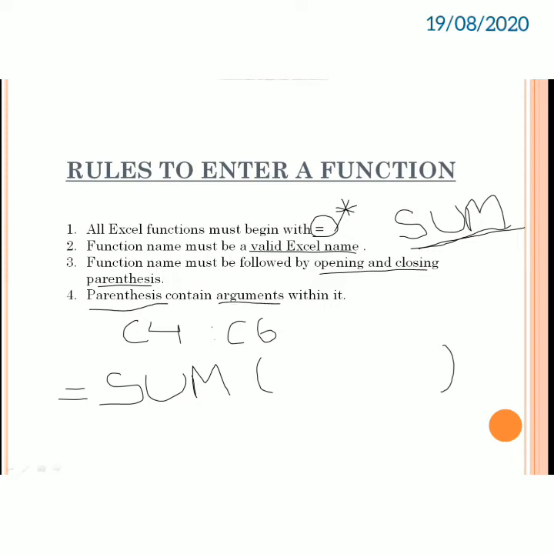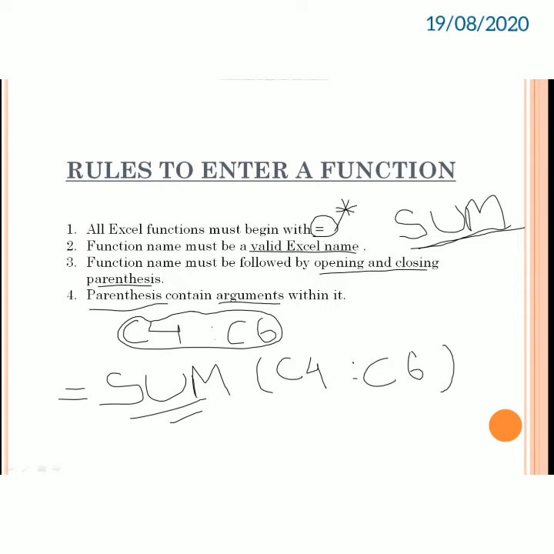Now, what type of arguments? A sum function contains a range. What is the range? We have said that we want to add the values from cell address C4 to C6. So the argument will be a particular range, C4 colon C6.